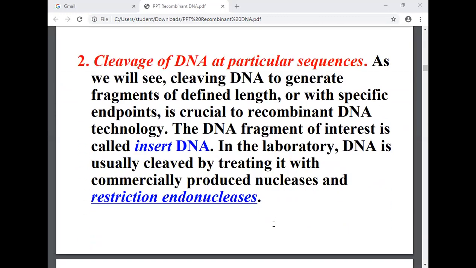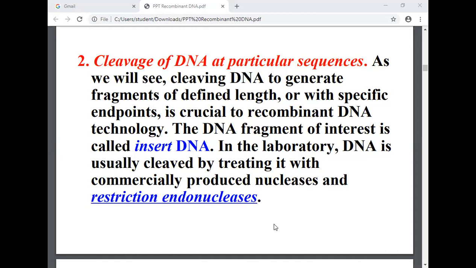Then cleavage of DNA at a particular sequence, and this is the most important step, because if we miss it, we may get a wrong sequence of base pairs, and then we would not be able to get what we wanted. We would not be able to obtain the desired protein, because the production of protein is totally based on the sequence of base pairs.